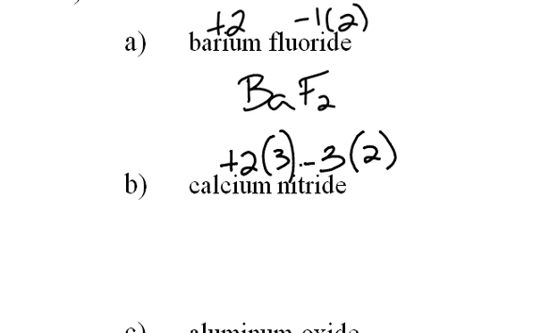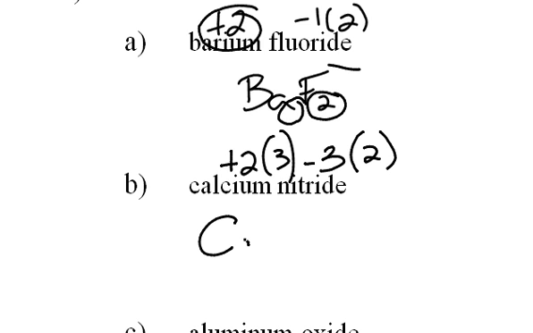One thing that somebody taught me a while back is that whatever the charge is, like for the fluorine, it has a charge of -1, that'll be the other thing's subscript. The barium has a +2, that means that's the subscript of the fluorine. That works for a lot of compounds, but do remember that we always look for the smallest whole number ratio for our subscripts. So if you had a 4 and a 2, reduce that down to a 2 and a 1. But for the most part, it works out very well.